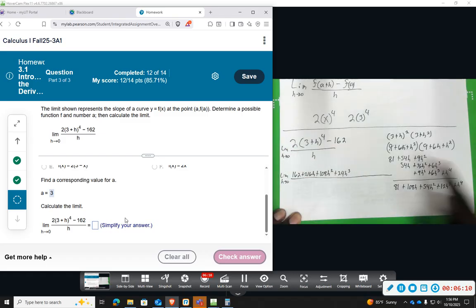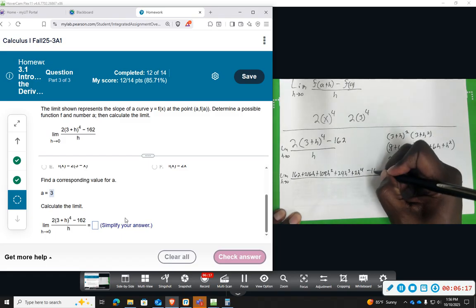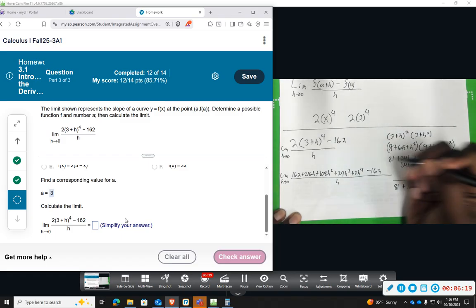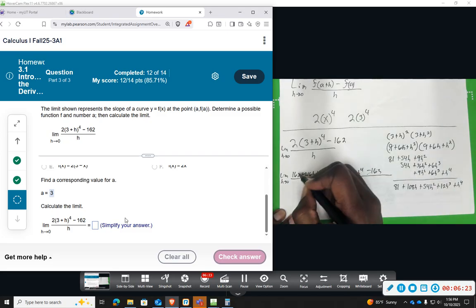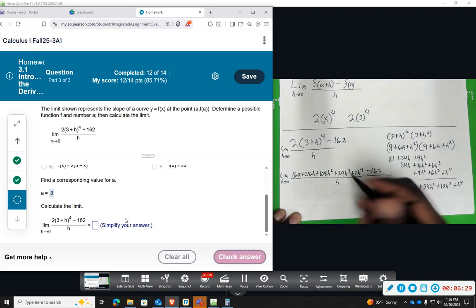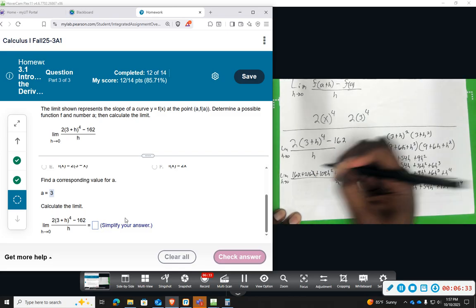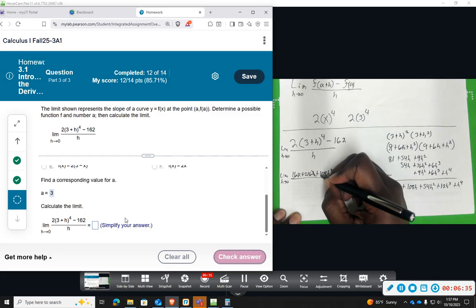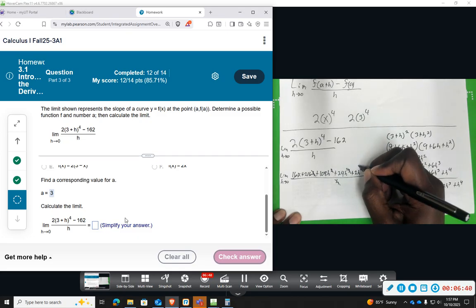And then 2 times the h to the fourth, 2h to the fourth, minus 162, all divided by h. Okay, positive 162, negative 162 cancel out. All of the remaining terms have an h, so we're going to factor out an h, basically dividing everything up here by h. So 216 is left, you're left with 108h, this is h squared, and this will be h to the third.